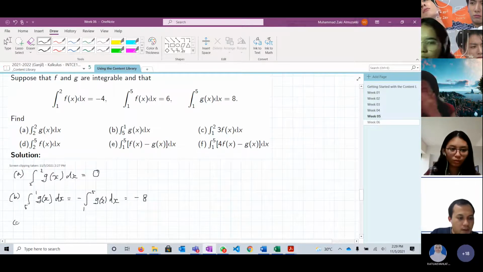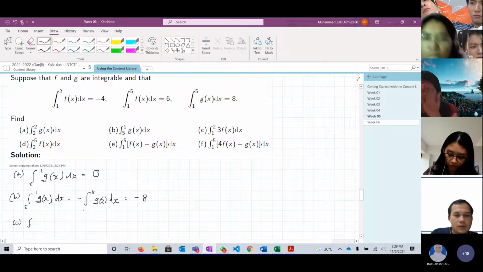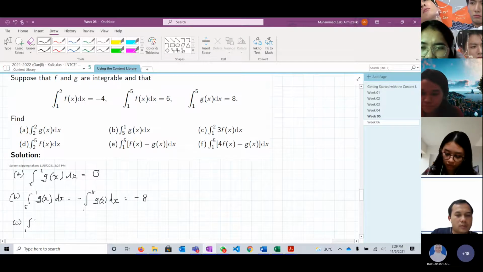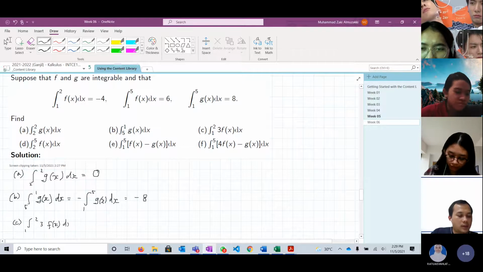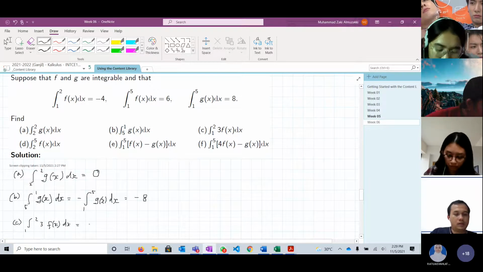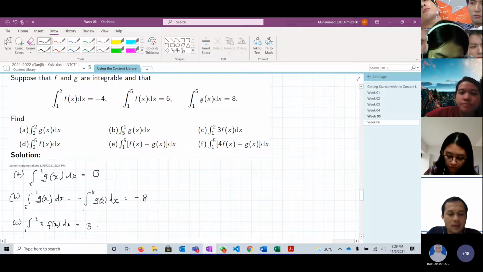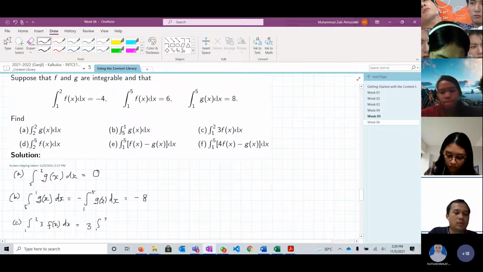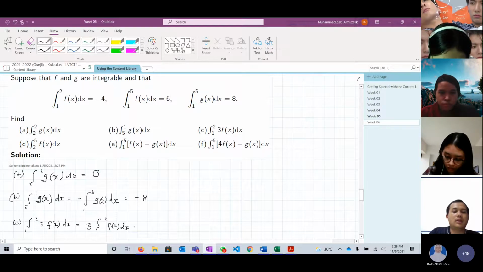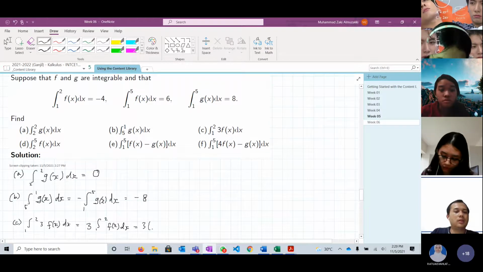For C, integral from 1 to 2 of 3f(x) dx. In this case, we take out the constant, so we have 3 times integral from 1 to 2 of f(x) dx, which is equal to 3 times minus 4, which is equal to minus 12.